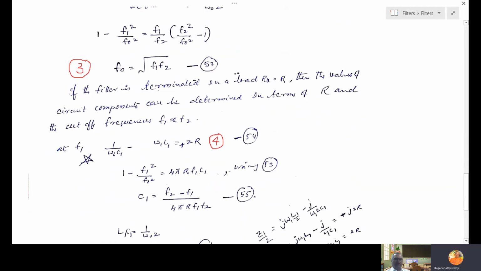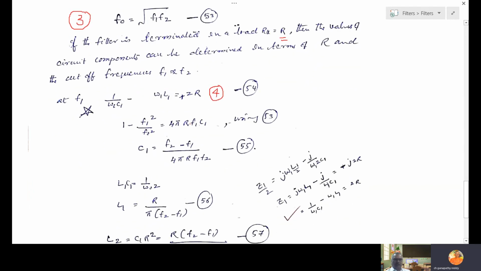Next, if the filter is terminated in a load RK equal to R, then the values of the circuit components can be determined in terms of R and the cutoff frequencies F1 and F2. So just look at this fourth equation, how I got it: 1 by omega 1 C1 minus omega 1 L1 is equal to 2R.